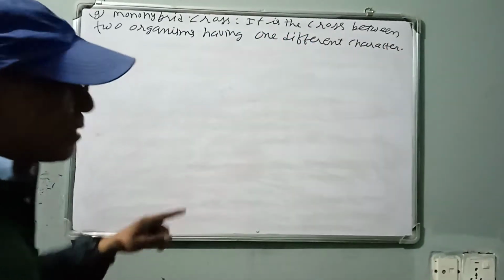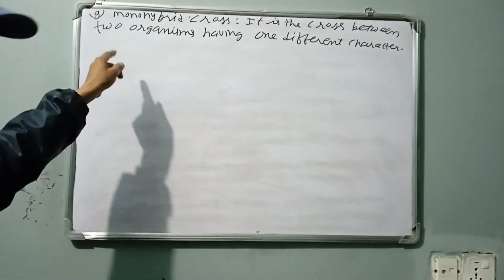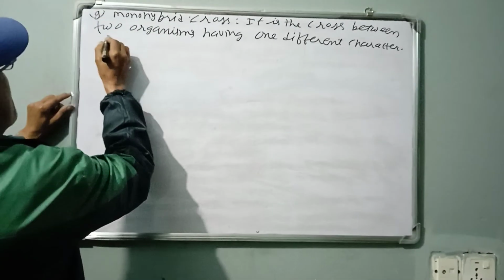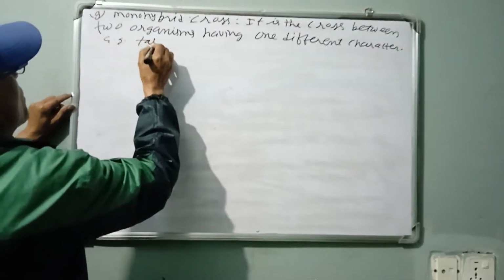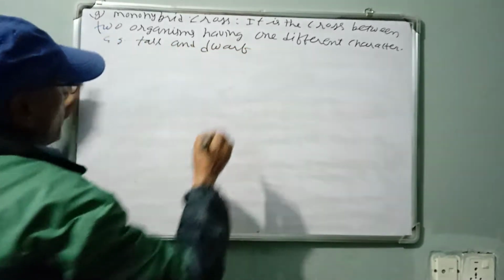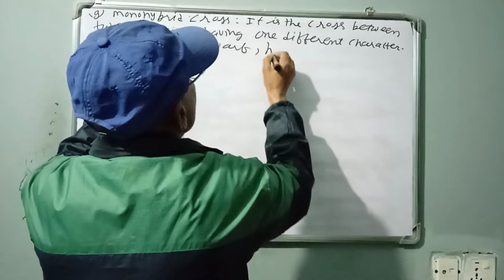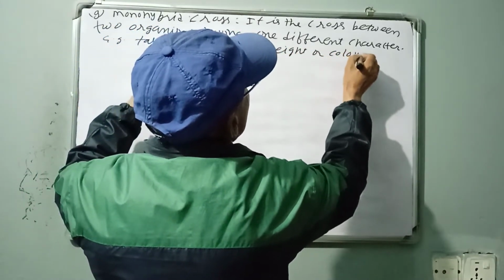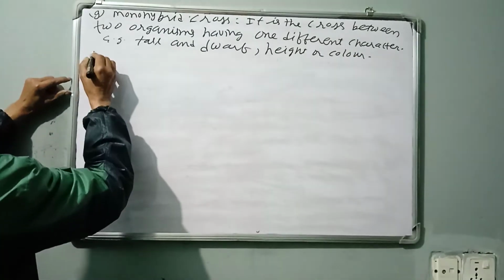Only one different character, like tall and dwarf. If you say tall and dwarf, that is a monohybrid cross. For example, tall and dwarf is related to only height, or only color. That is a monohybrid cross.